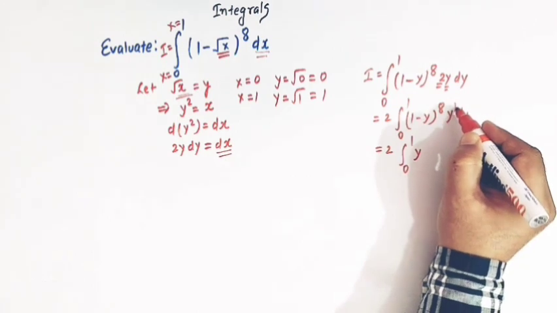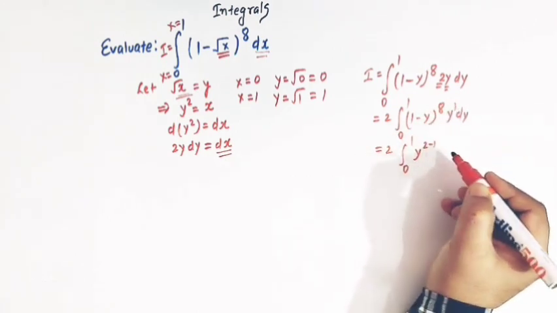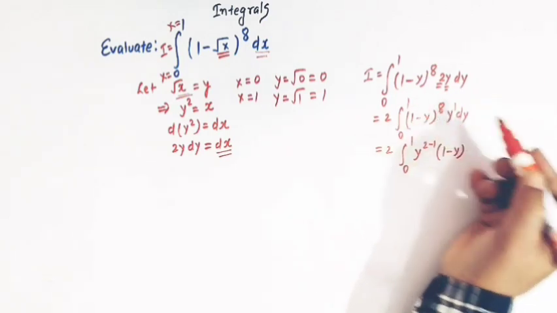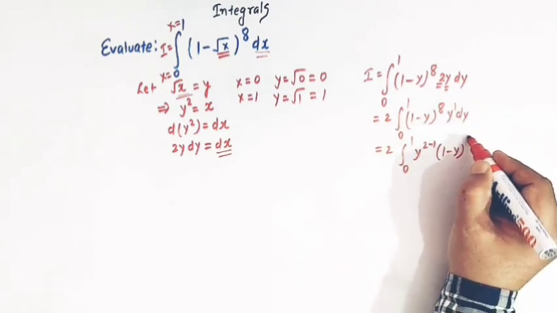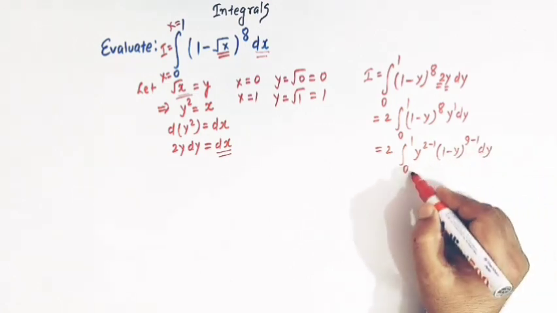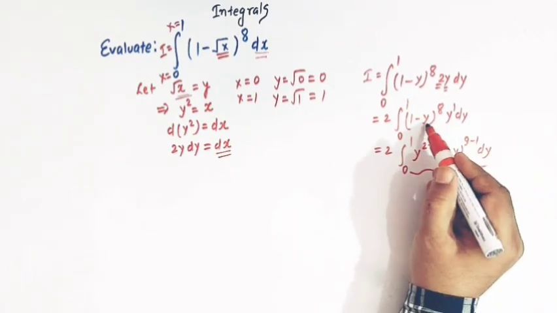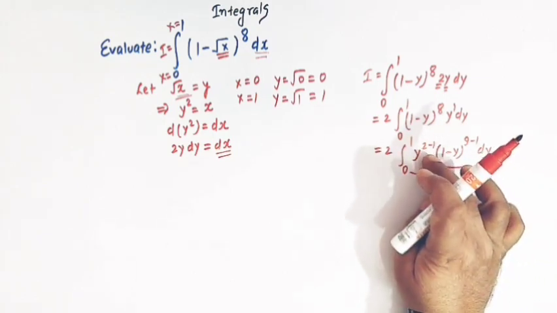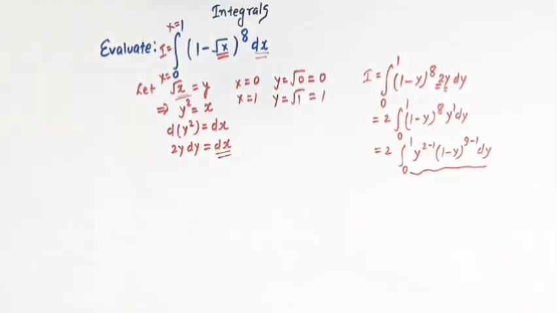So y raised to 1 can be written as y raised to 2 minus 1, right? And (1 minus y) raised to 8 can be written as (1 minus y) raised to 9 minus 1, right? So we have written this integral in this form in order to convert it into a beta function.